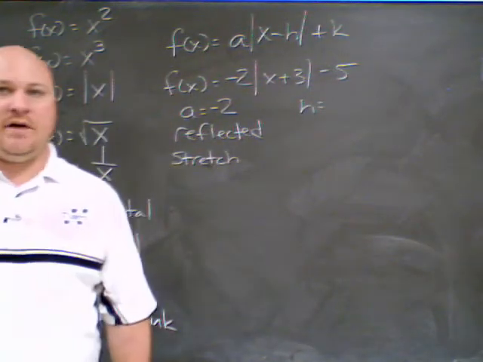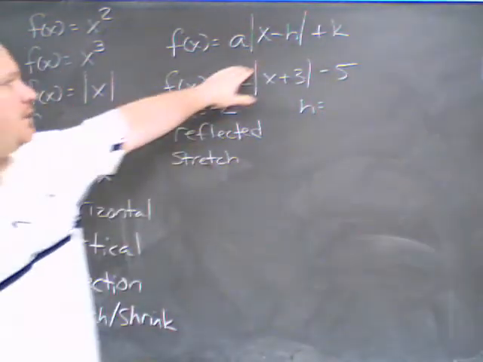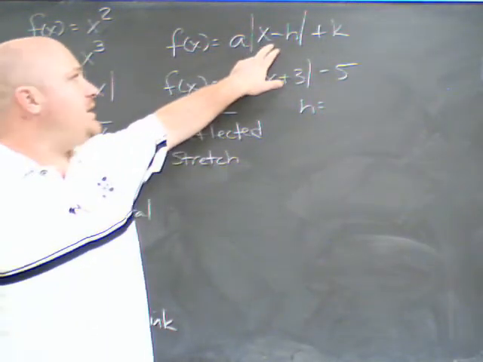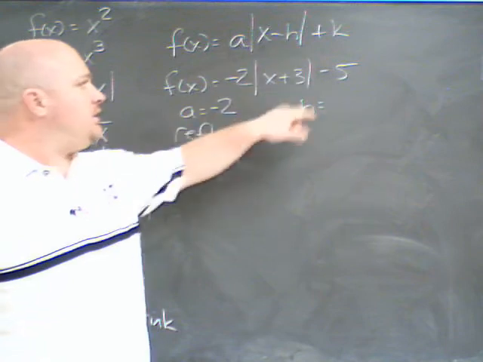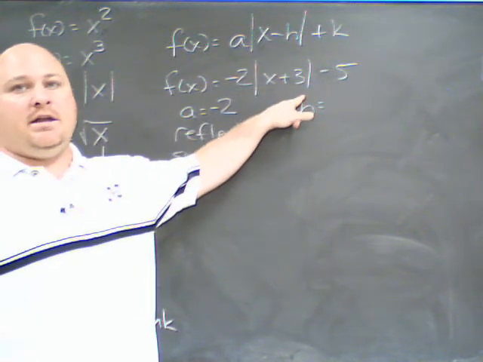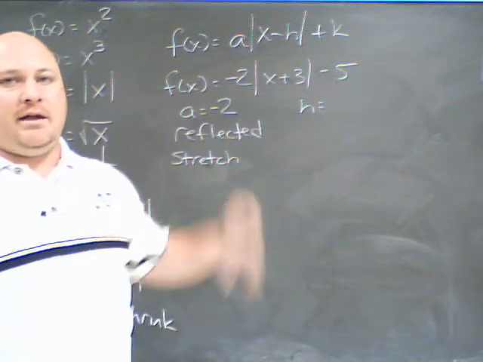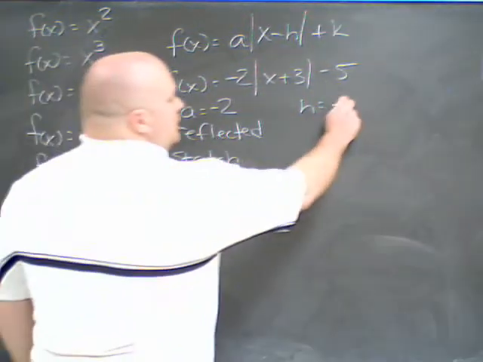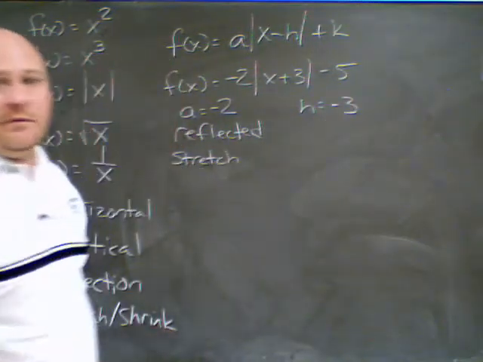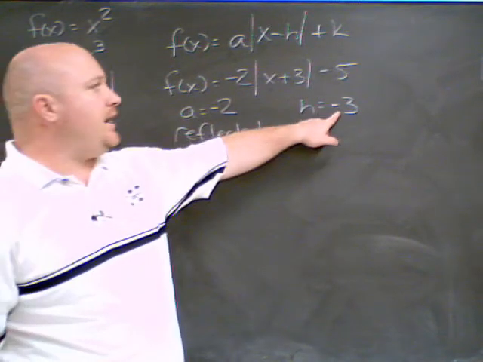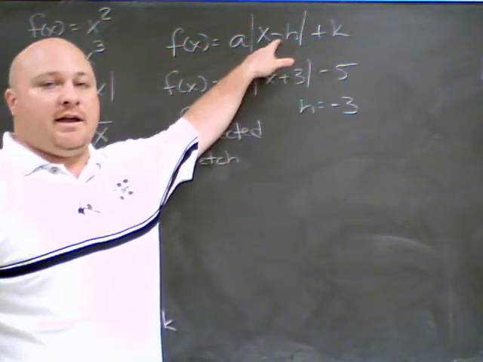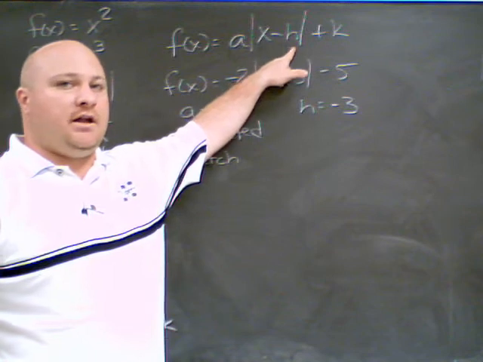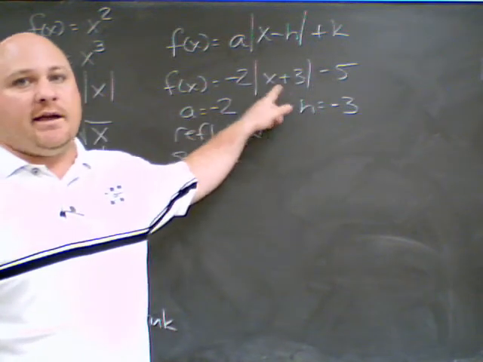Now, what is the h value here? If our original generic equation has x minus h, and we have x plus 3, then that tells me that my h value is going to have to be negative. It's actually going to be -3. Because if I plug in -3 into this, I get x minus -3, which is the same thing as saying x plus 3.